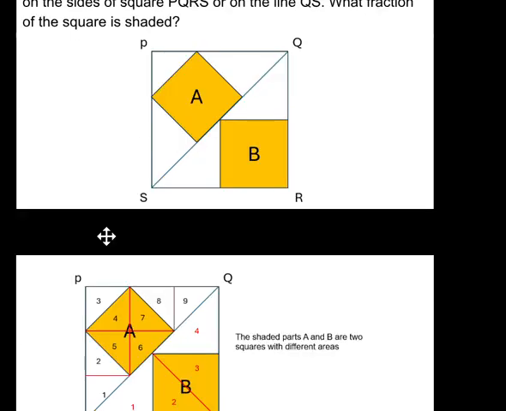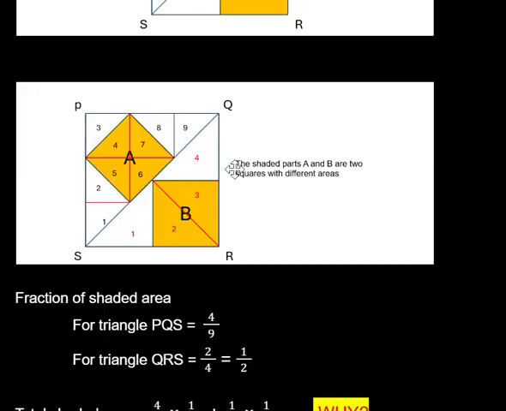First, we separate this big square into two triangles, the upper triangle and the lower triangle. For the lower triangle, we have the shaded part B. So what I can do is use a knife and cut it diagonally. This is the center point of the bigger square.